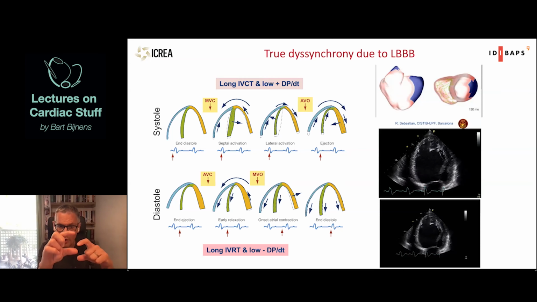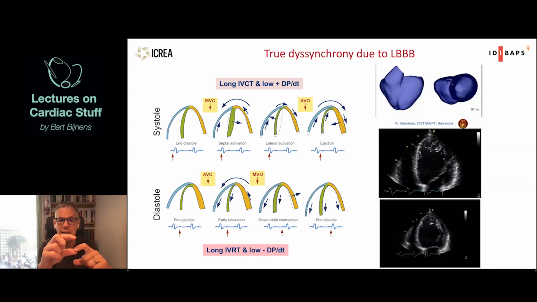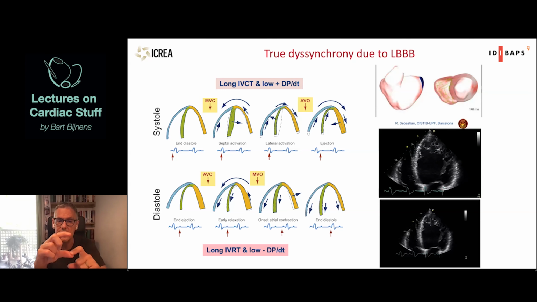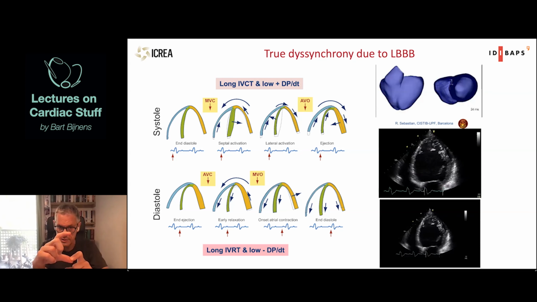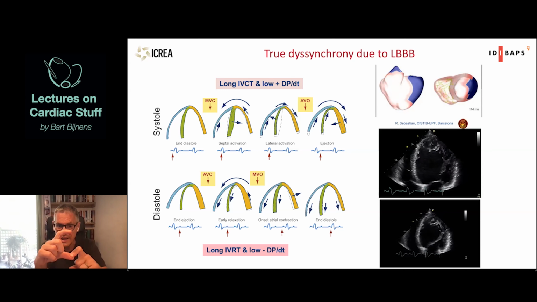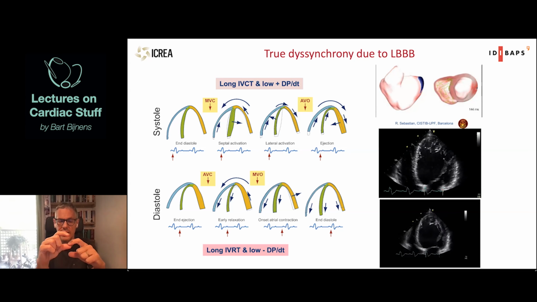But if the neighbor is not activated yet, and the tissue is still very elastic, as in normal tissue, then instead of building up pressure, this segment starts to stretch the neighboring segment. So this segment can contract, shorten, and at the same time lengthen the neighboring segment.